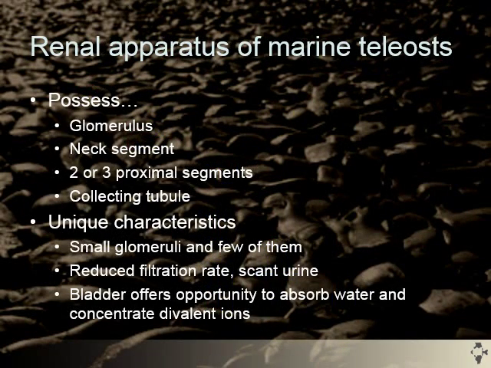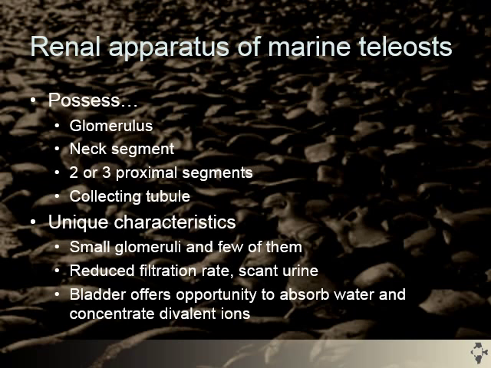So again, just to drive that point home a little bit here, for marine teleosts, their renal apparatus, or their nephrons, they possess a glomerulus, they possess that neck segment, they have 2 or 3 proximal segments, and they do have a collecting tubule. So they have all the basic components of the nephron.